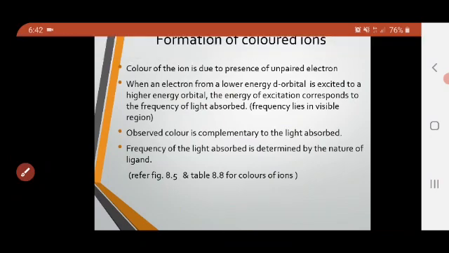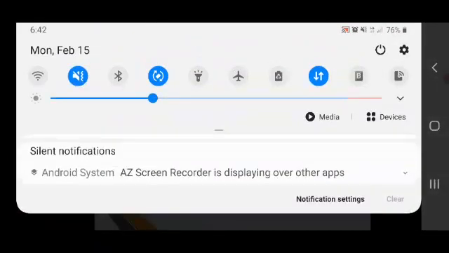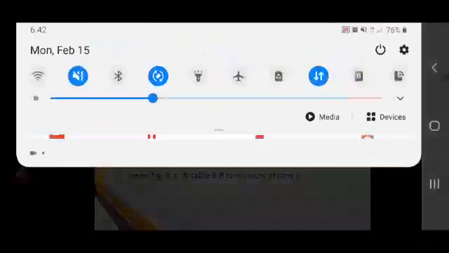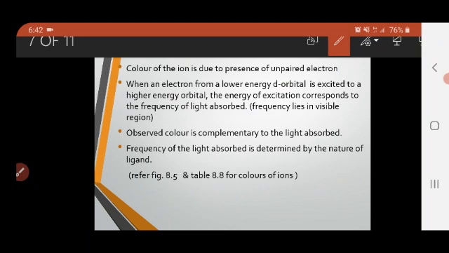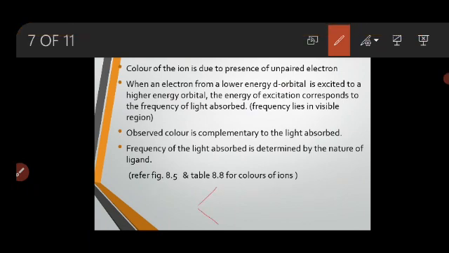When such an unpaired electron is there, a transition takes place within the d orbitals. There are two different parts in the d orbital: in the presence of ligands, the d orbitals are separated as t2g and eg.